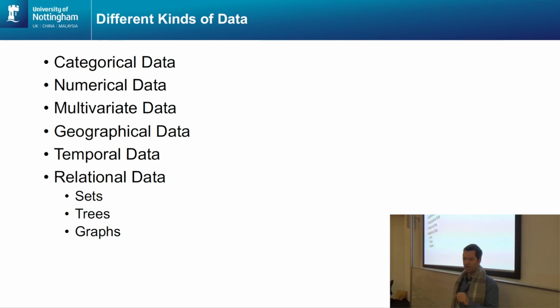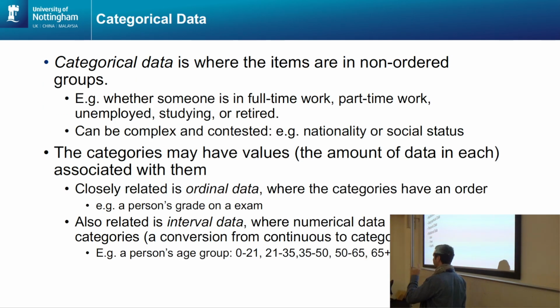We have temporal data, so that's data mapped to time, and then we have relational data, data that depicts implicit or explicit relationships. So, for example, in a management hierarchy, or a graph where nodes are connected to each other, like the subway, for example.